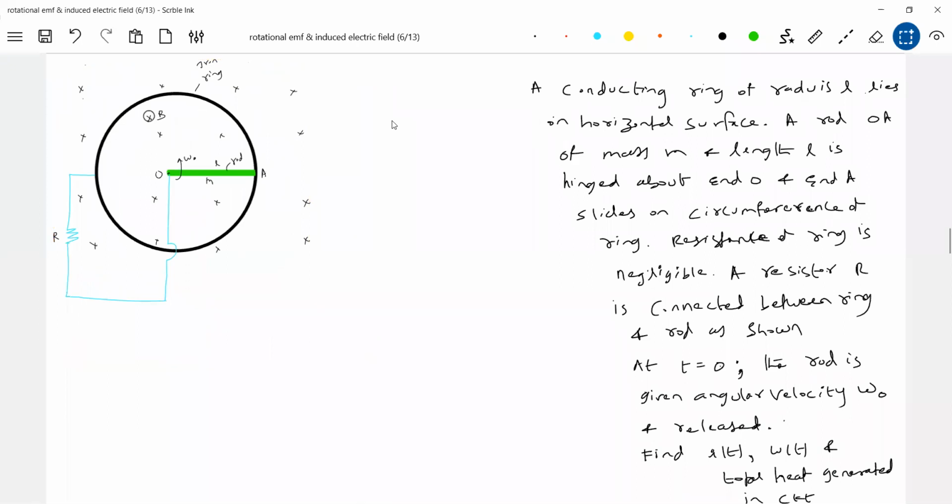Let's come. So what is the basic idea of this? The rotating rod should be replaced with a cell, that one. So here, there's a ring. Torque is needed.